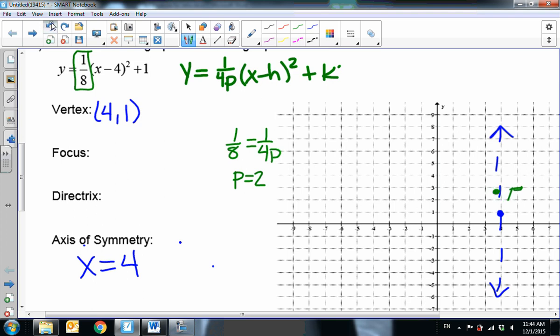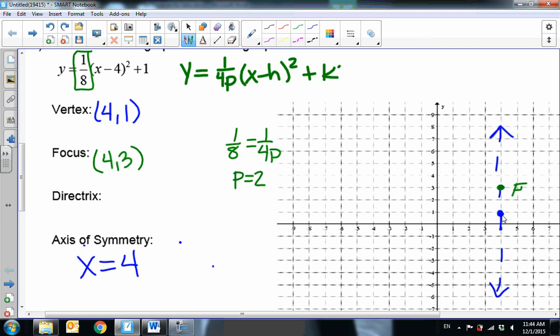Let's try that again. So where is my focus? 4, 3. All right. My directrix is going to be what kind of line? A horizontal line, and this time it's p units in the other direction from my vertex.